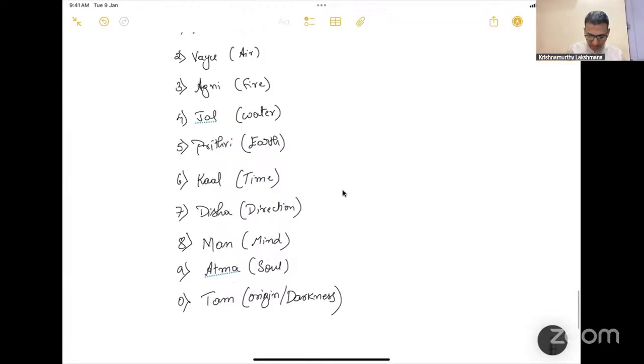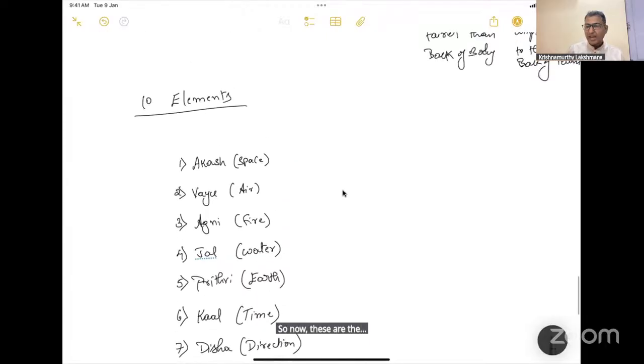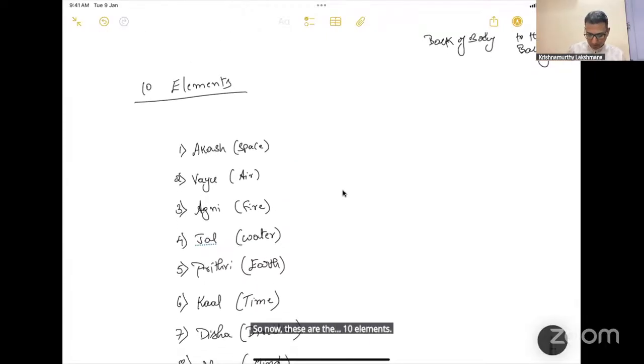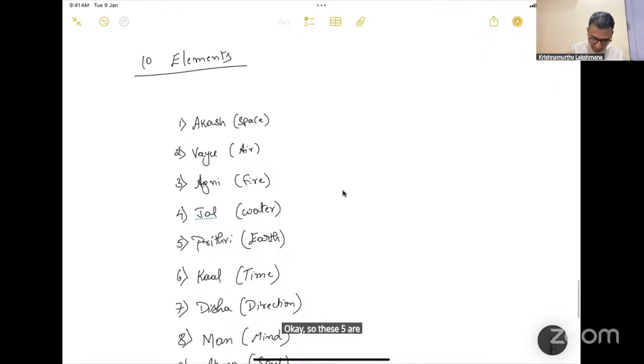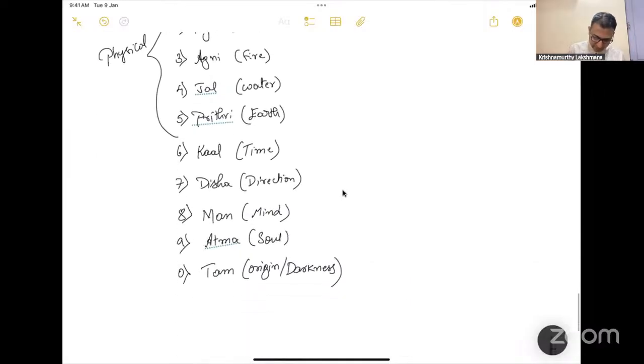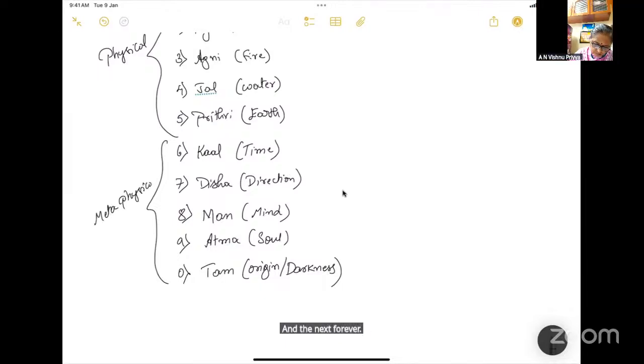So now these are the 10 elements. Okay, so these first five are physical, and the next five are metaphysical. Right?